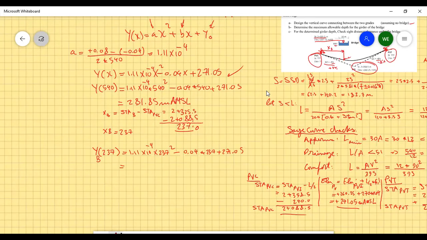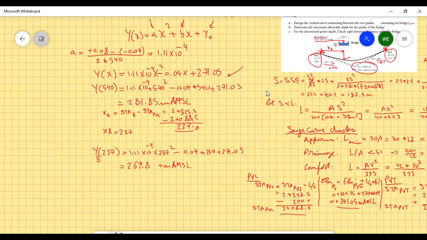So here it's 267.8 plus meter above mean sea level. So that's the elevation of that critical point, which is right underneath the bridge.